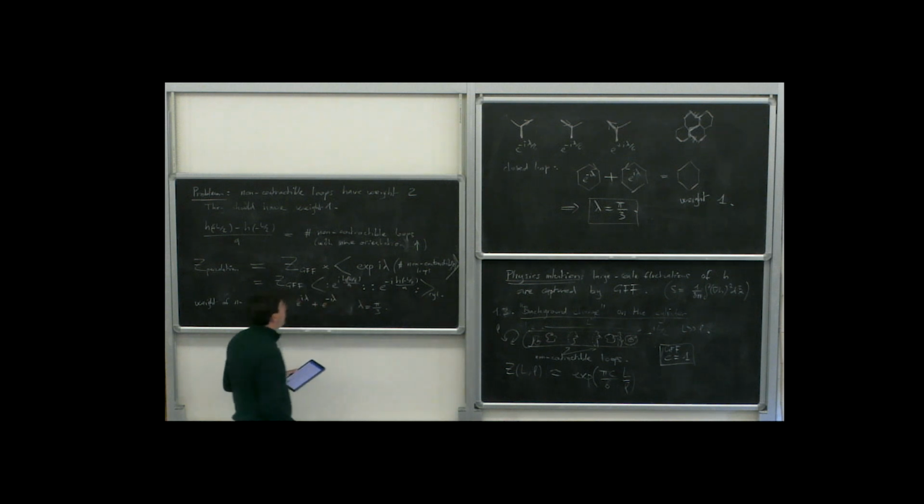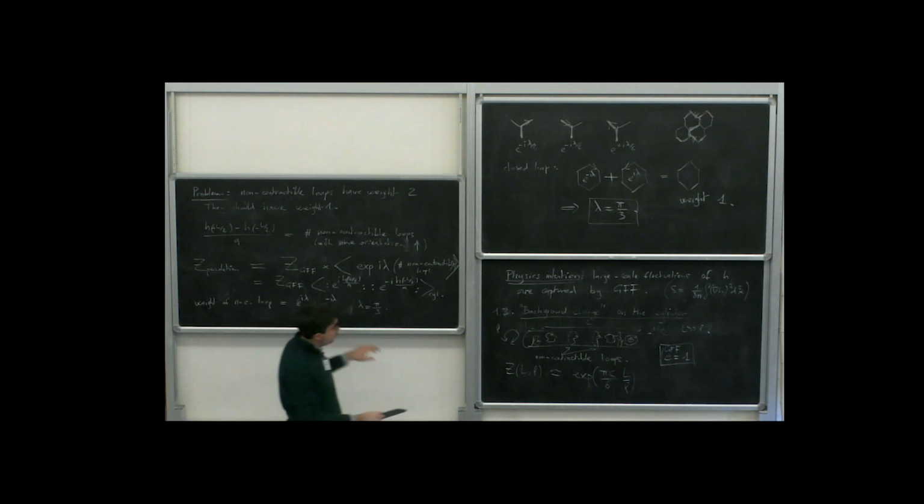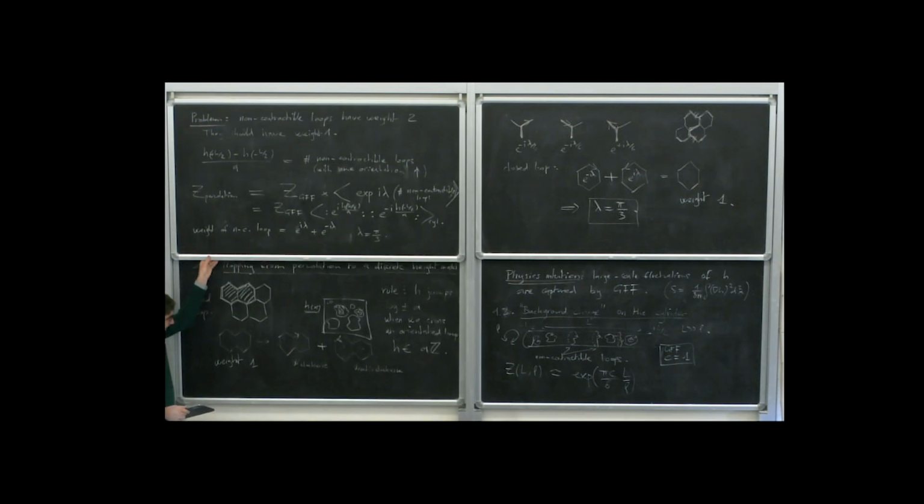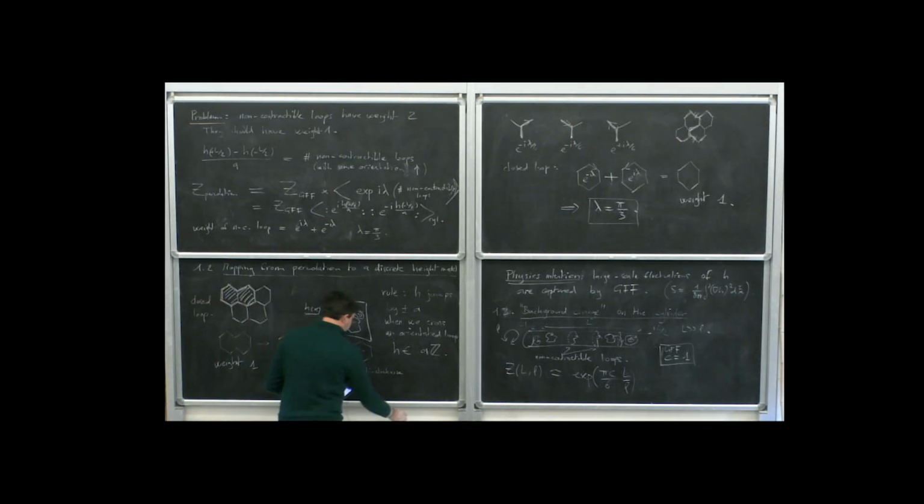And these two operators are very far away on the cylinder. One is very far on the left, the other one is very far on the right. Okay, and that's all we need.